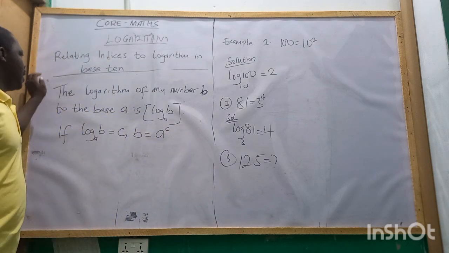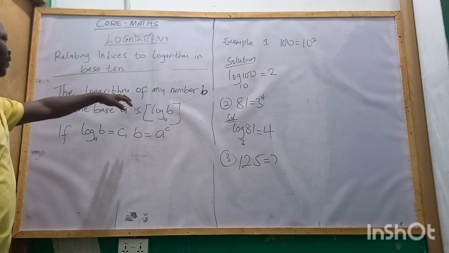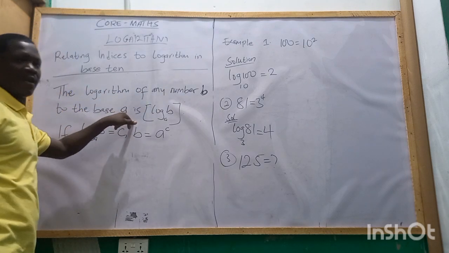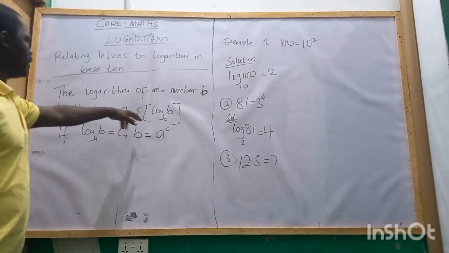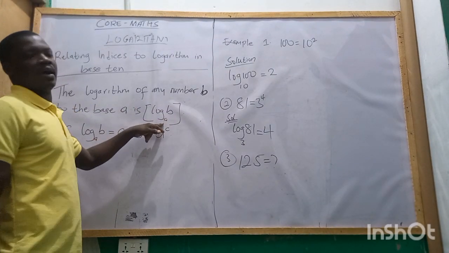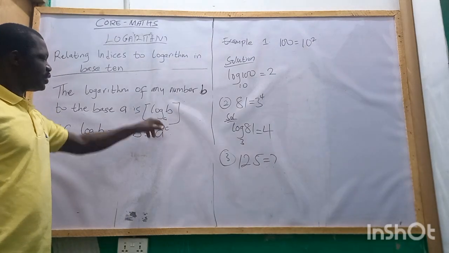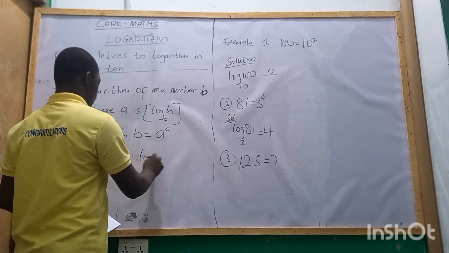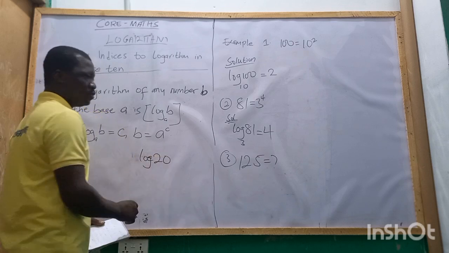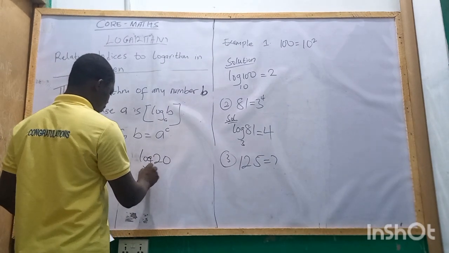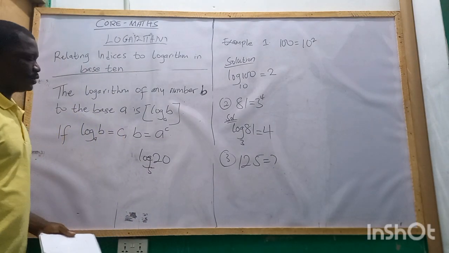Okay, so in generic form, you say the logarithm of any number b to the base a is. So when you are reading log, there is log b to the base a. This is how you write it. So if I said log 20 to the base 5, this is how you write it.